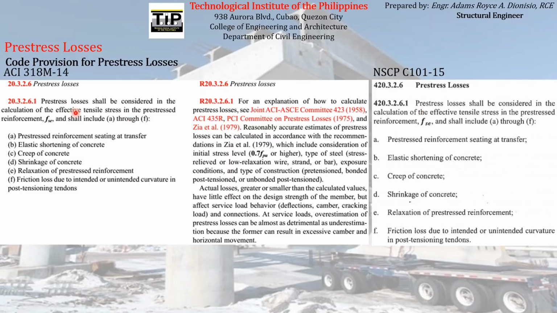According to the code, the pre-stress losses should be considered in the calculation of the effective tensile stress in the pre-stressing reinforcement, f_se, and shall include the pre-stress reinforcement seating at transfer, the elastic shortening of concrete, the creep of concrete, the shrinkage of concrete, the relaxation of pre-stress reinforcement, and the friction loss due to intended or unintended curvature in post-tensioning tendons.